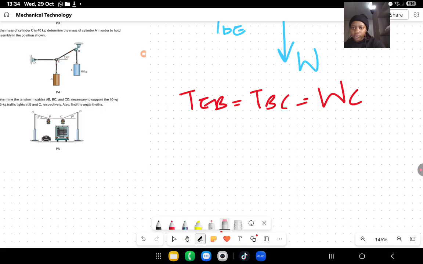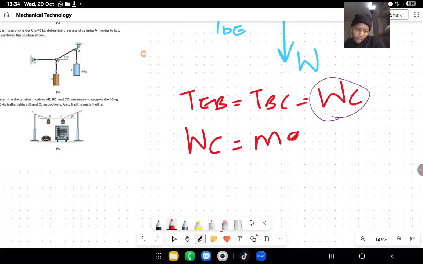Since we have the mass of C, we can get the weight of C. We'll say weight at C equals mg.